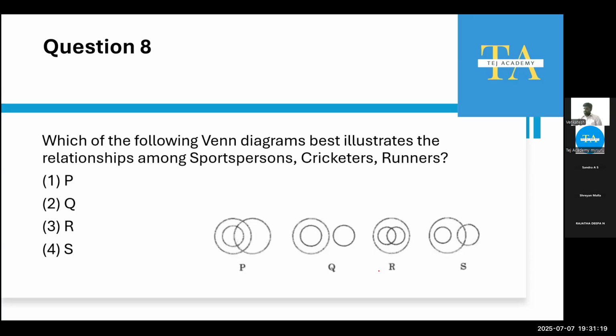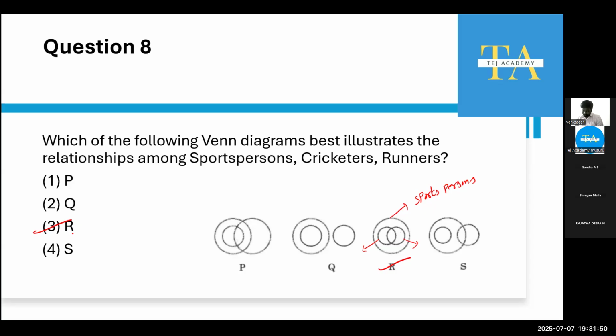See option C: outside is the sports persons. Some cricketers are runners and some runners are cricketers, chances are there. So option 3 is the correct answer here.